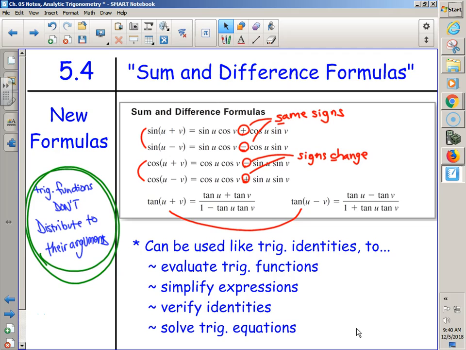5.4, 5.5, and 5.6 say, now that you've learned the basics, that you can add and subtract and multiply, simplify, factor, common denominator, transform, solve after transforming.